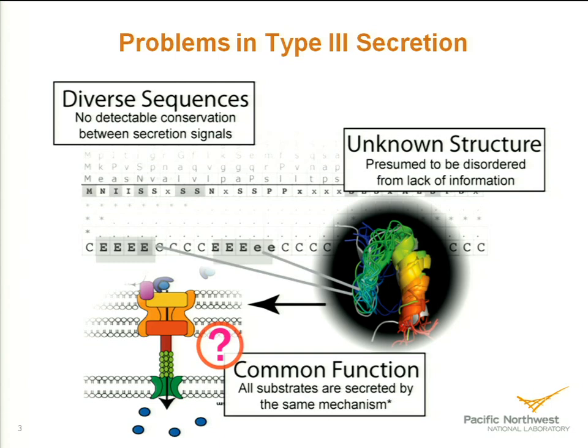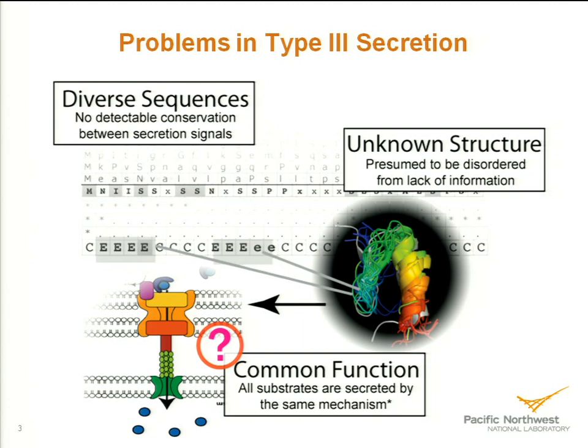So there are diverse sequences, all coding for a common function. Although there are a number of known structures of type 3 secreted effectors from a number of different organisms, in all but one case, the N-terminal region is absent from electron density in the crystal structure, or it has to be cut off before these things will actually crystallize.